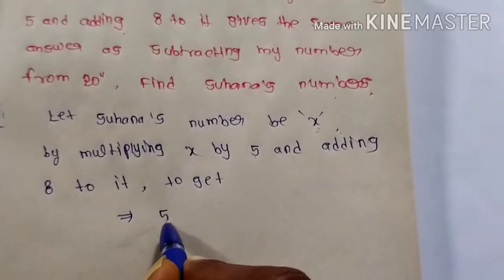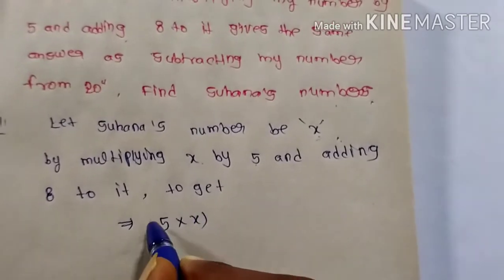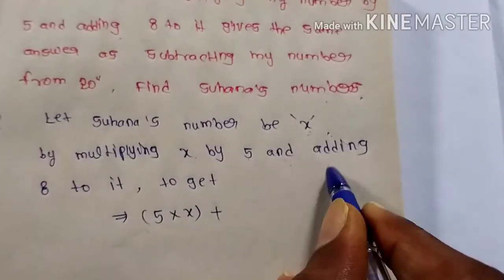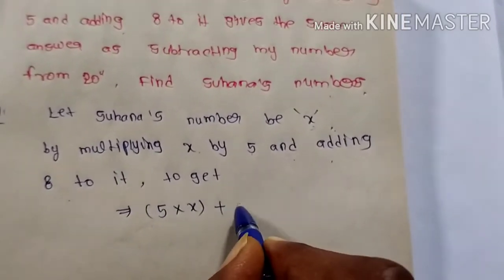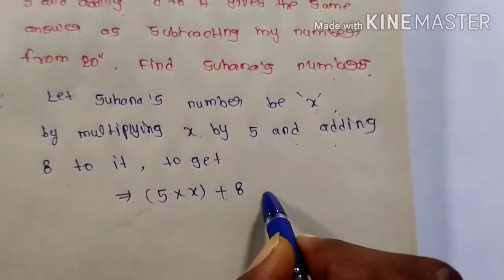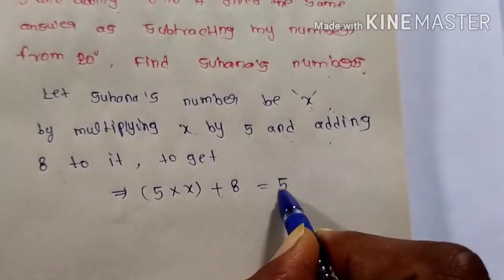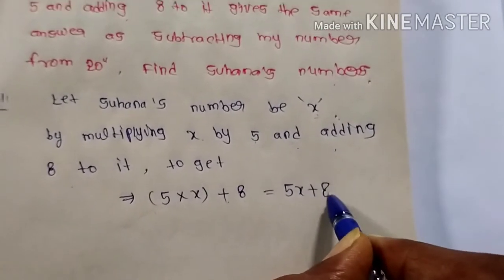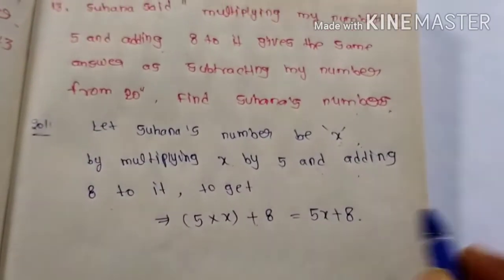That means you can write 5 into x, plus adding 8 to it, that means you can add 8. That means 5 into x is 5x plus 8. This is the one statement.